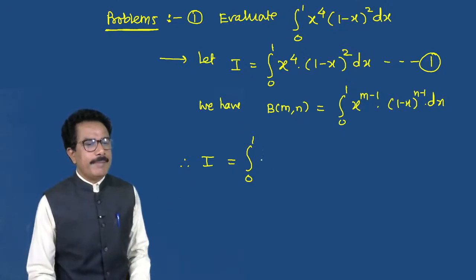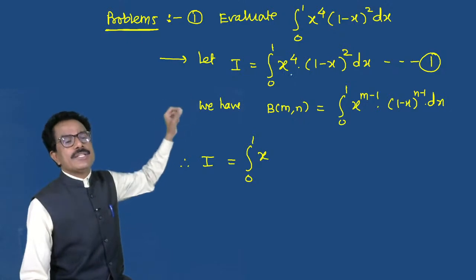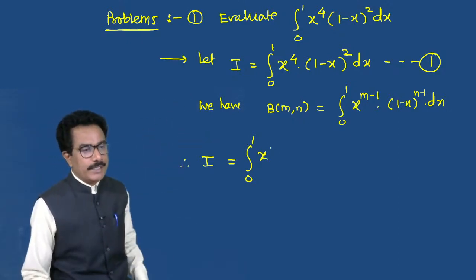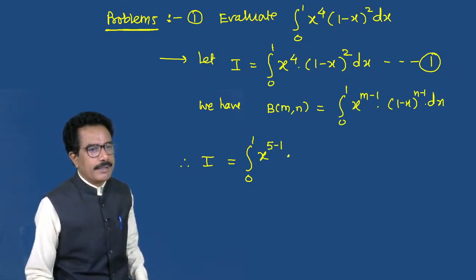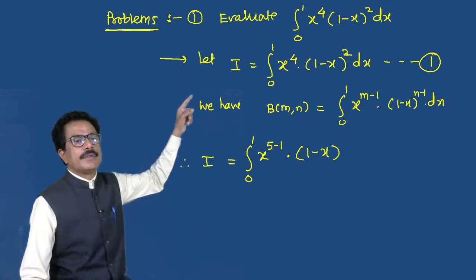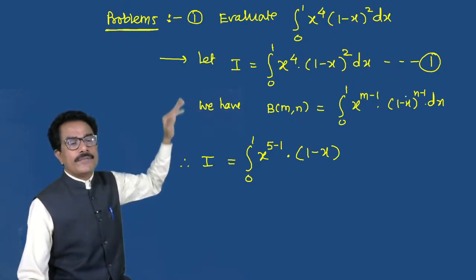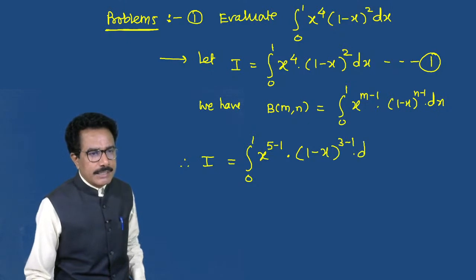I कसं लिहिता येईल पहा, x raised to 4 ला minus 1 च्या स्वरूपात लिहायचे. We have to write this 4 in terms of m minus 1. So 4 can be written as 5 minus 1, into 1 minus x raised to 2. 2 ला कसं लिहायचं? We have to write 2 in terms of n minus 1. So 3 minus 1 dx.